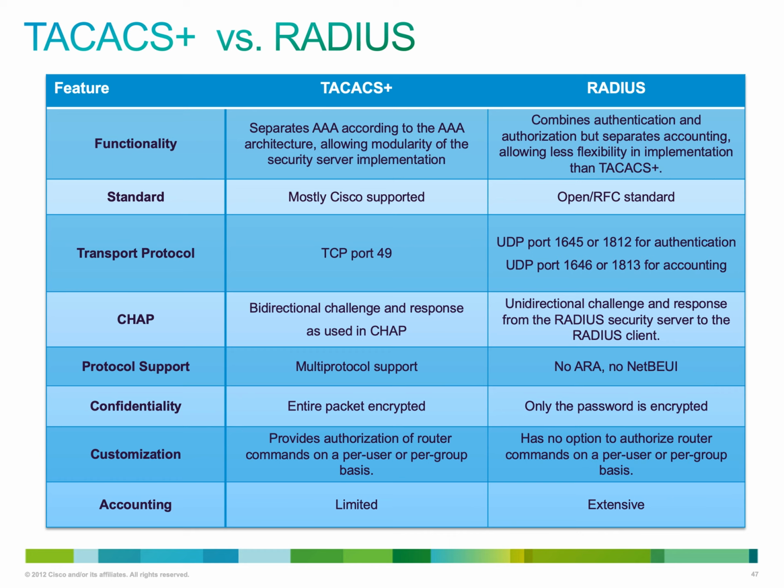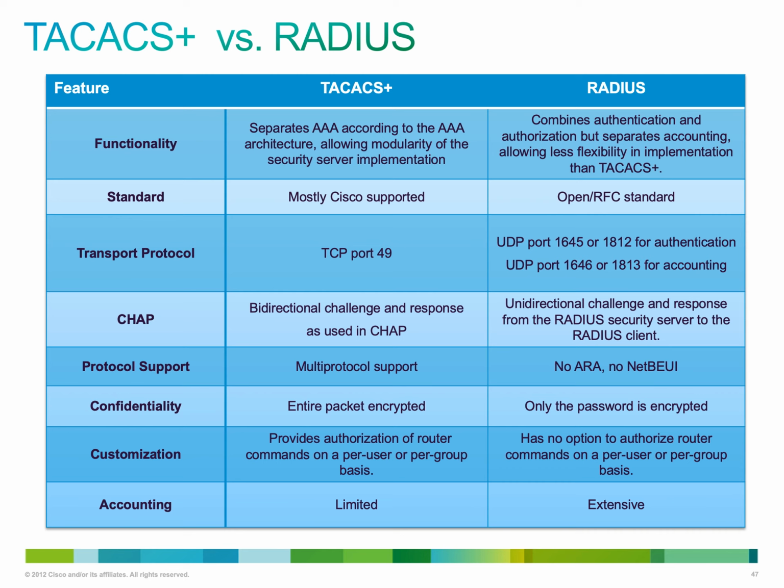TACACS+ versus RADIUS. Okay, the advantages and disadvantages, which is better. For functionality, TACACS+ separates the AAA according to AAA architecture, allowing modularity of the security server implementation. But RADIUS combines authentication and authorization.